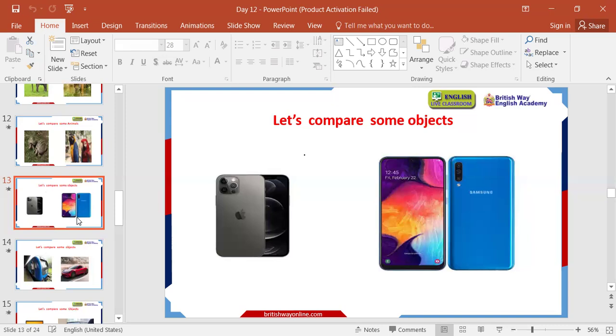Samsung phones usually have longer battery life than iPhones. Samsung phones have higher resolution than iPhones. Samsung phone's camera quality is far better than iPhone. iPhone is smoother than Samsung phone.